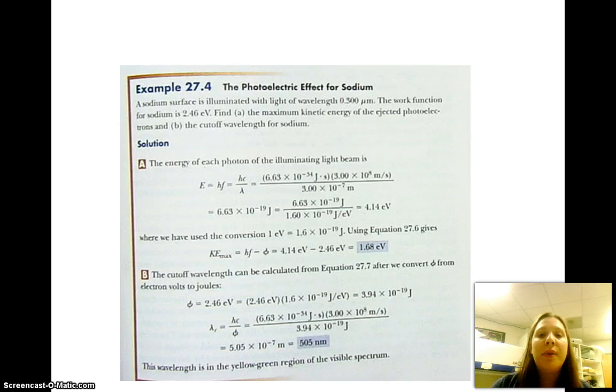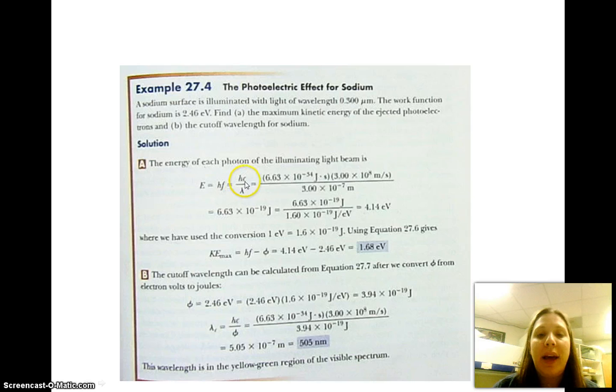Okay, so the maximum kinetic energy for the ejected photoelectrons. We need to use that relationship of the energy of the photon to the energy of the electrons we just looked at. So we have that the energy of the photon striking is equal to h times f. Since we're given the wavelength of the light that illuminates the sodium instead of the frequency, we have to make that adjustment, right?